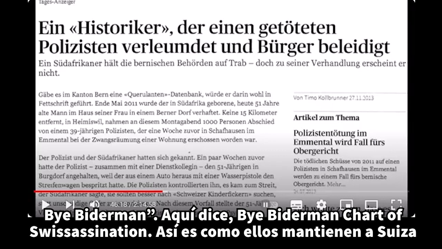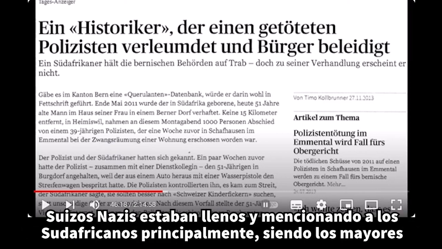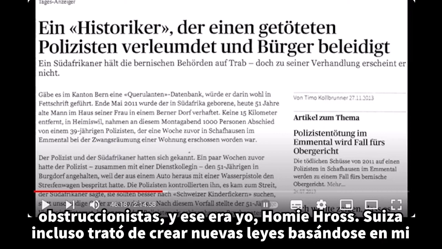This is how they keep Swaziland clean from the so-called obstructionists, whom the Swissies call Querulanten, and about which their Swiss Nazi newspapers were full of, mostly reciting just the South African, being the main obstructionist. And that was me, homie Hross.